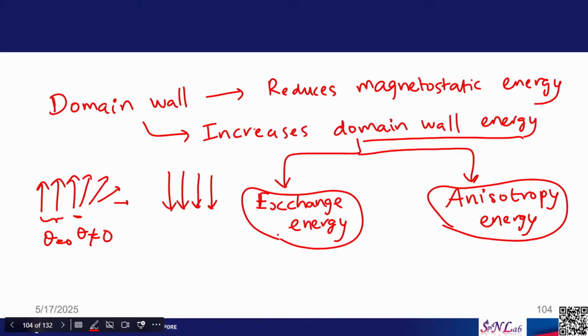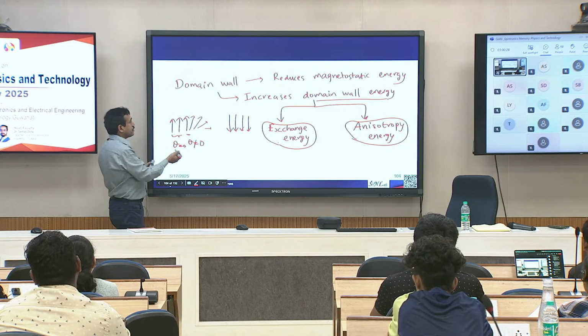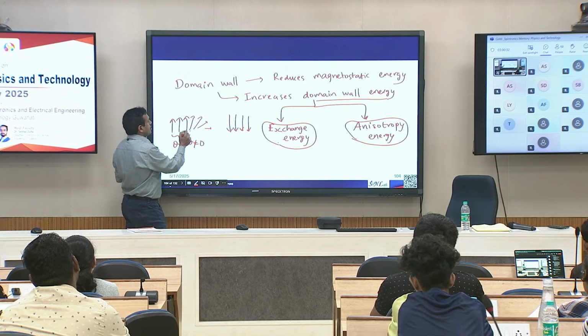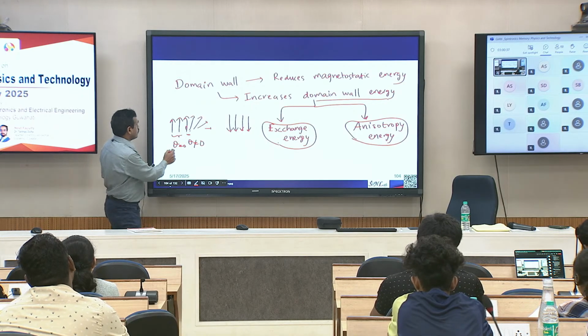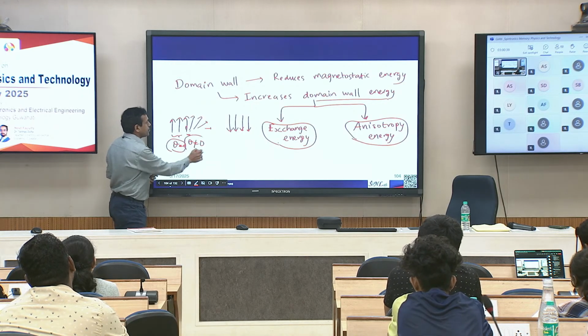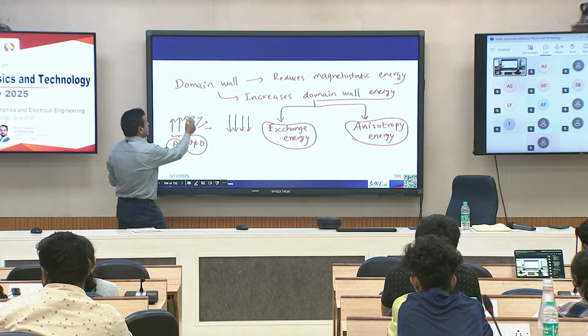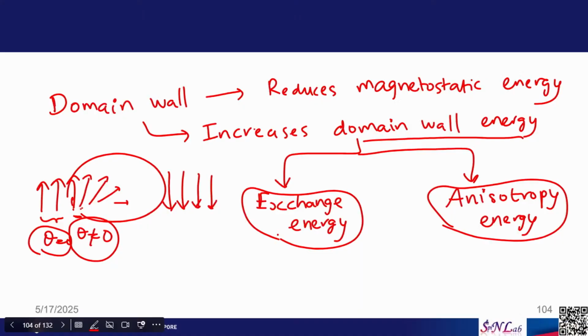Even though the spins are at a certain angle, this tilt actually increases the exchange energy. All these spins at the domain wall are not at theta 0, they are at a non-zero angle. Because of this there is an energy, called the increase in exchange energy.